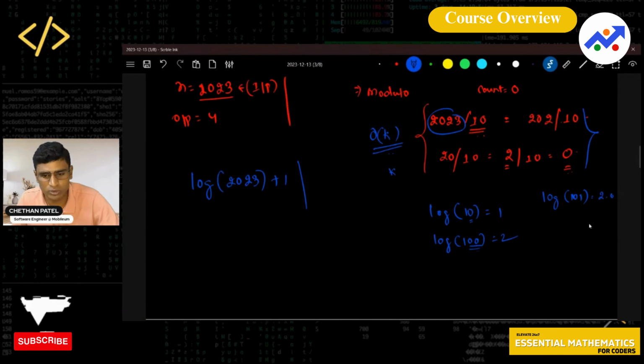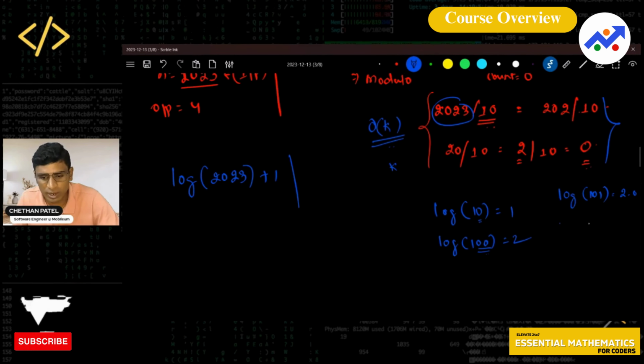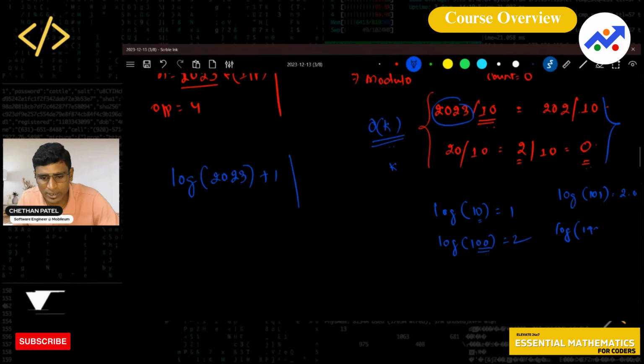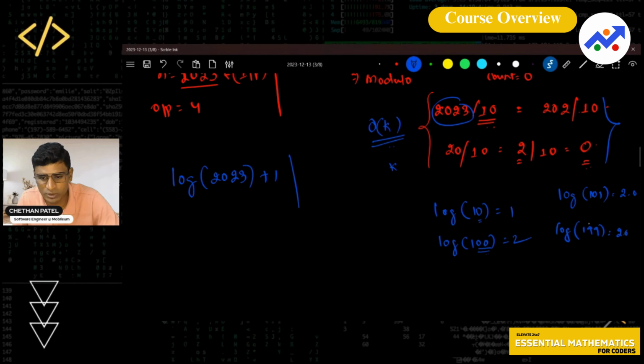And again if I ask log of 199, again it is something close to 2.0 something.